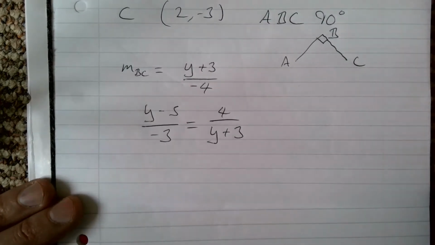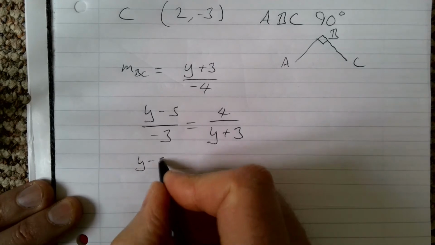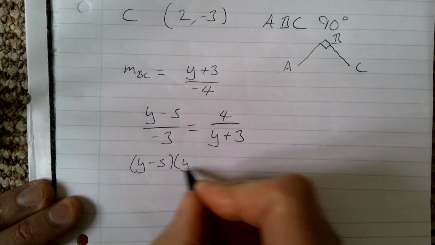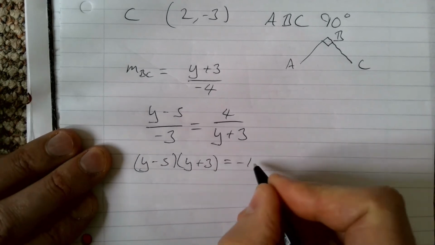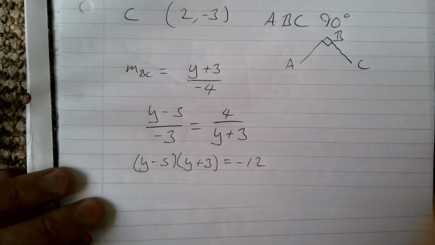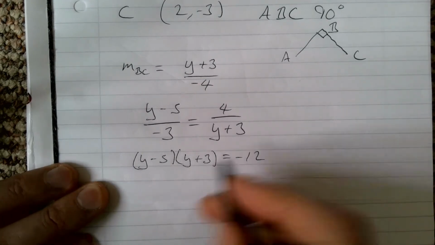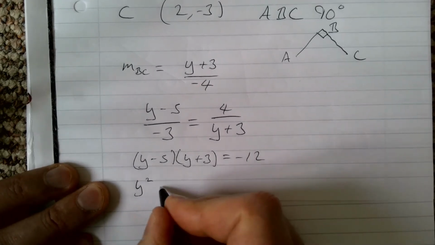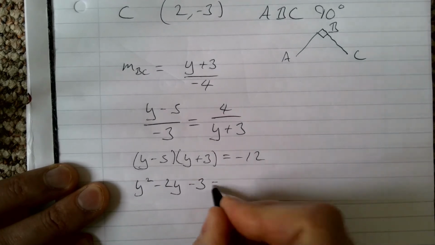So that's where that comes from, because we just need to solve this. We're going to cross multiply here, hopefully that's okay. So (y - 5)(y + 3) equals minus 12. If I do FOIL for that and multiply it out and then take the minus 12 over the other side, I'm going to get y squared minus 2y minus 3 equals 0.